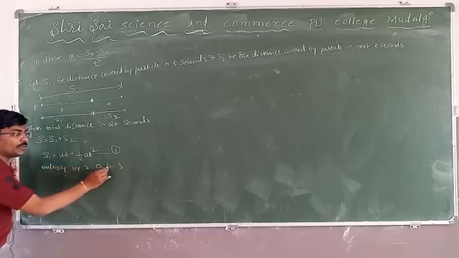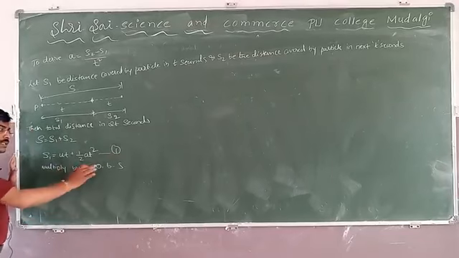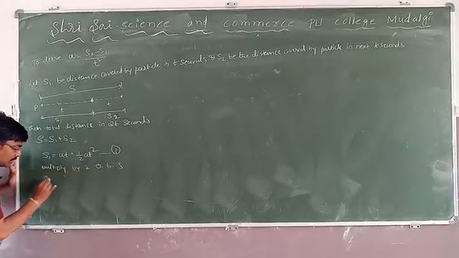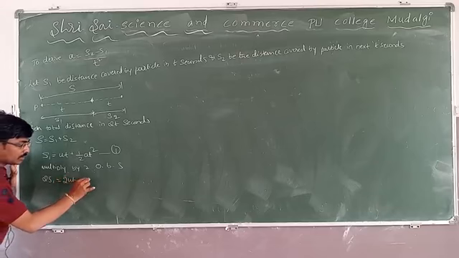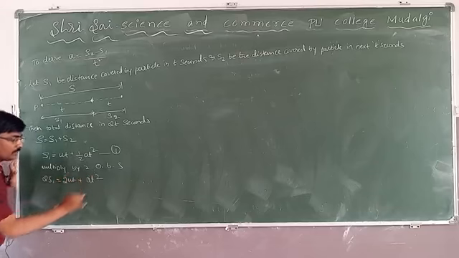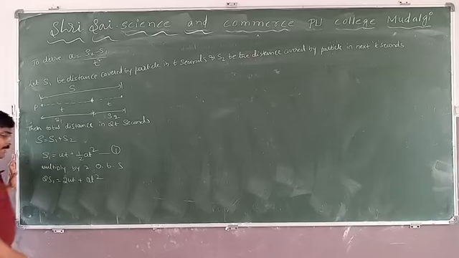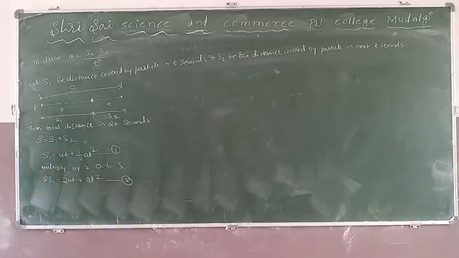OBS means on both sides; every time there is no need to write "on both sides" in full, just write OBS. Multiply by 2 on both sides, then 2s1 is equal to 2ut plus a t square. When multiplied by 2, the 2 cancels and a t square remains. This is equation number 2.